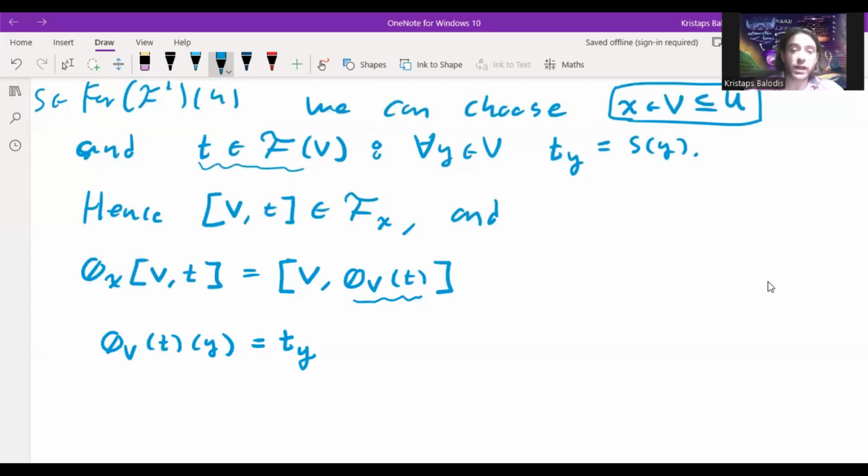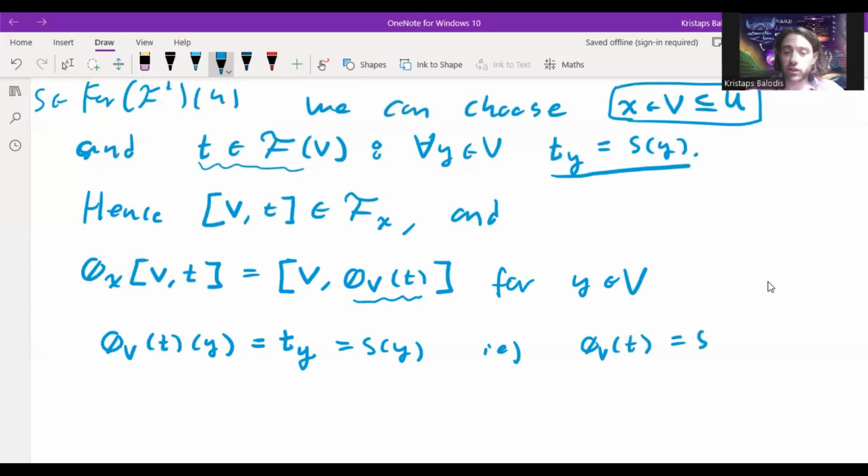But because y is an element of V, we know that that's just s of y. In other words, theta V of t is equal to s.